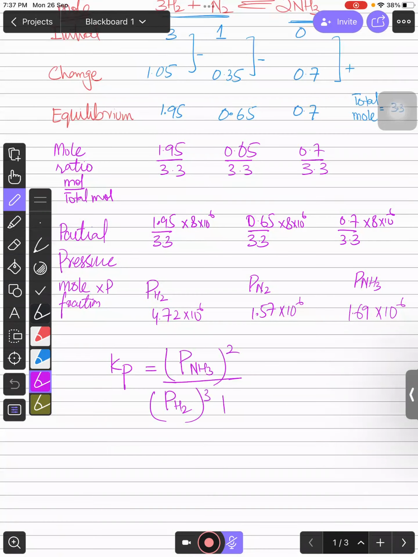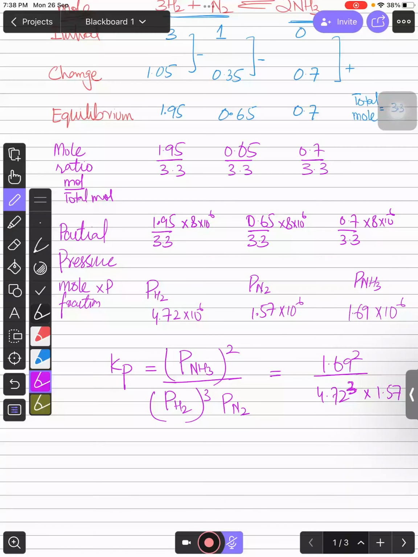So over here, ammonia is 1.69 square over 4.72 cube, sorry, hydrogen is 3, and nitrogen is 1.57. I'm not using the 10 raised to the power over here because all the powers are same, so that is why I'm not using this.